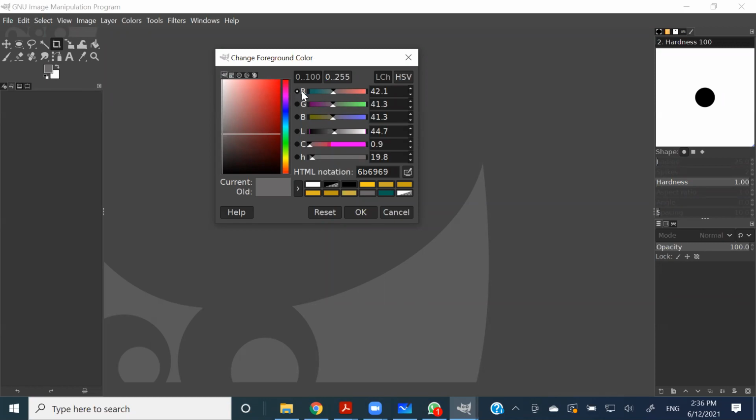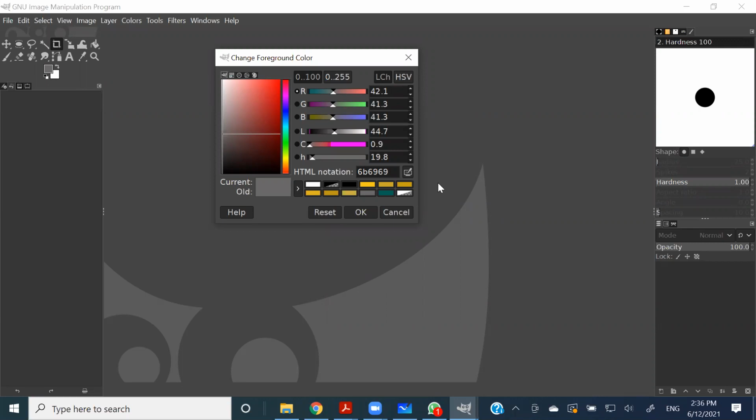RGB anyway stands for red, green, and blue. So there are ways that the computer understands colors. We can tell the computer how much red is there, how much green is there, and how much blue is there, right?